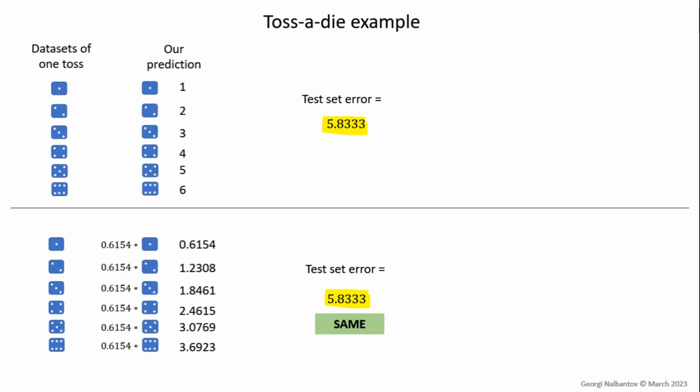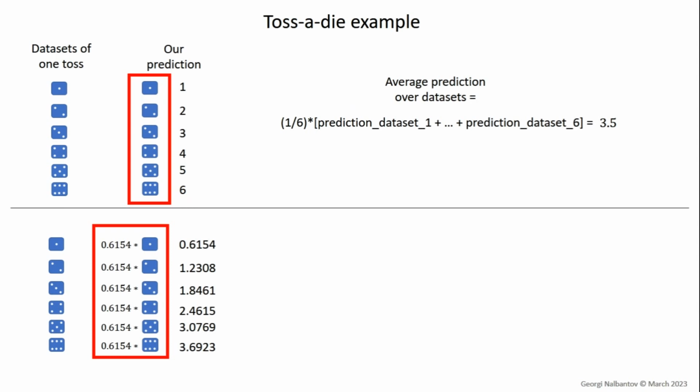Now we see how this is connected to bias and variance. So the average prediction over data sets is 3.5. This happens to be the average in the population. Therefore, we have an unbiased model. So it means that the average prediction among different data sets is equal to the average in the population.